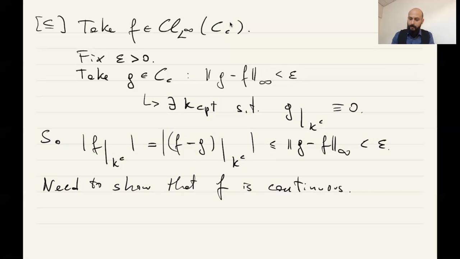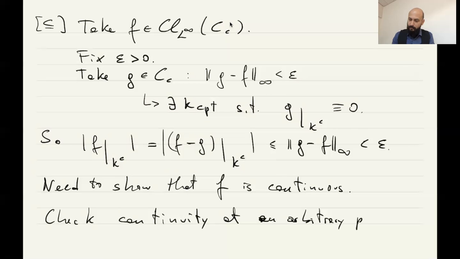Okay, let's fix a point. So check continuity at an arbitrary point x in E. Remember, we already fixed the epsilon.